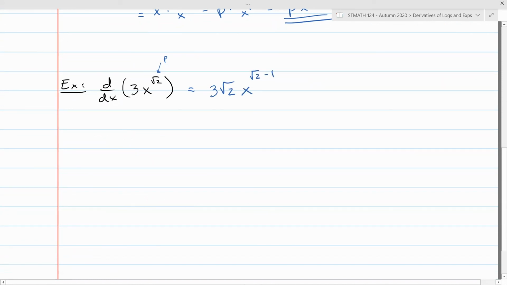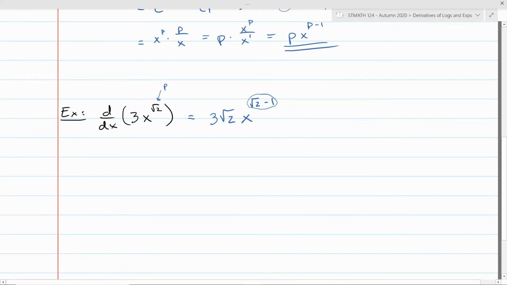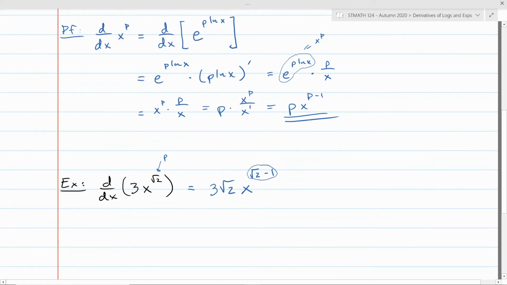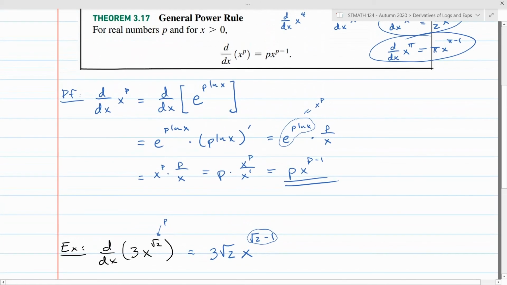So the exponent becomes square root of 2 minus 1. I don't really have a nice way to collapse that down to some single value, or it is a single value, but I can't collapse it down to a smaller expression. That's just what it is. So there you go. So now the general power rule is something that we have established. We're not taking it on faith now.